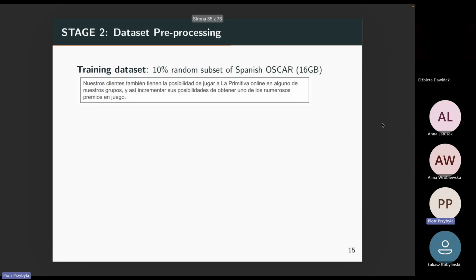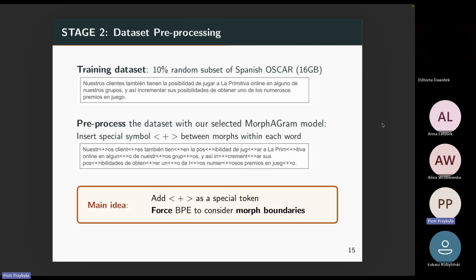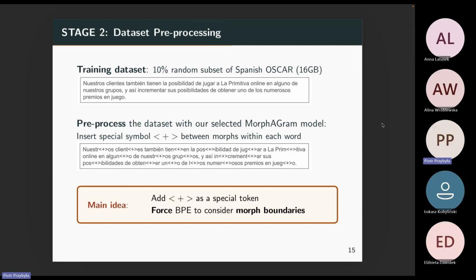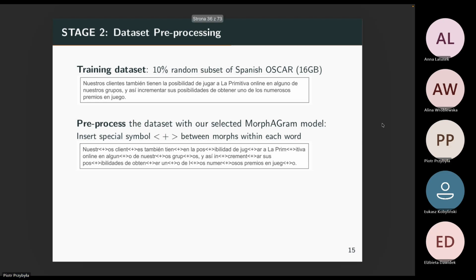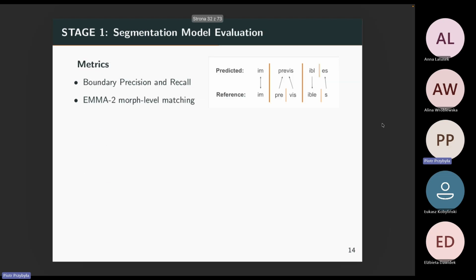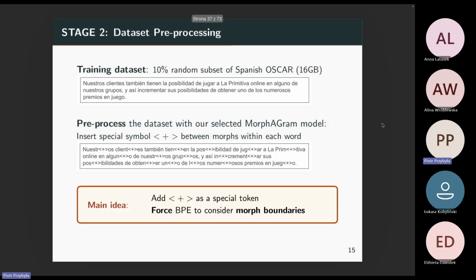Yes, exactly. So if we go through that process, we split the text and then we give it to BPE. The BPE will learn some things, but it's still BPE, right? It will still make some decisions. What will happen is sometimes it will learn, for example, that some things like numerosos have to be split, but maybe there's another combination where the token will appear, and then BPE will just do its own thing.